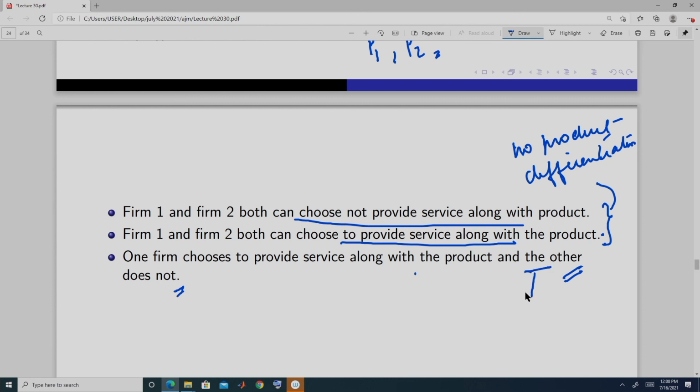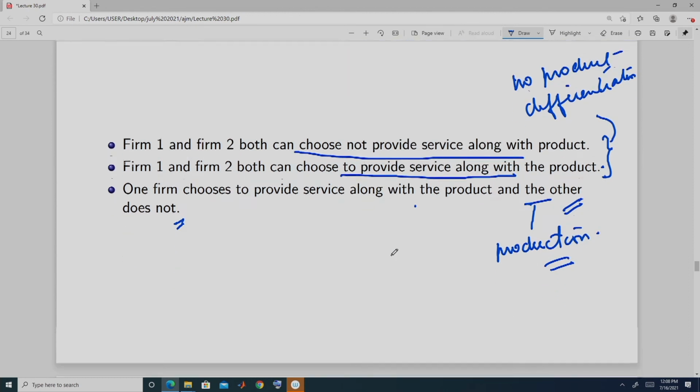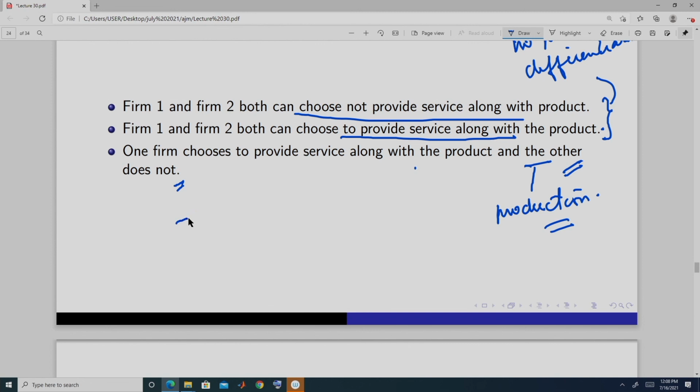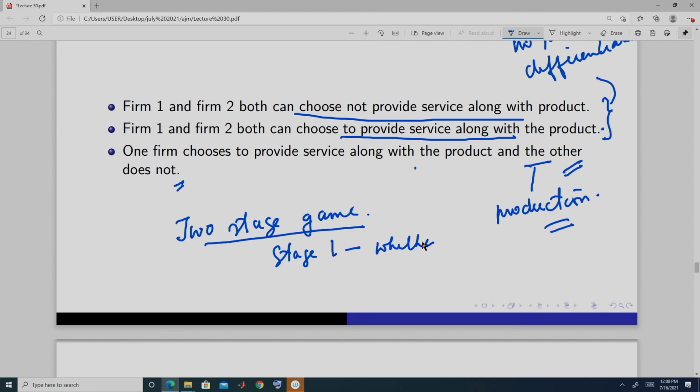And here we see that there is product differentiation. Product differentiation is through tying a service, and the game is a two-stage game. In stage 1, it decides whether to give service or not.